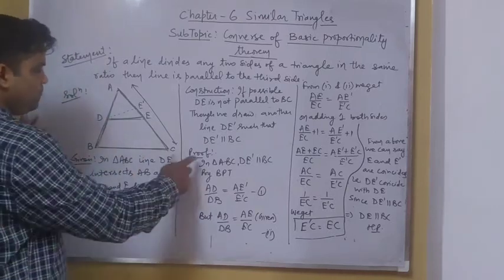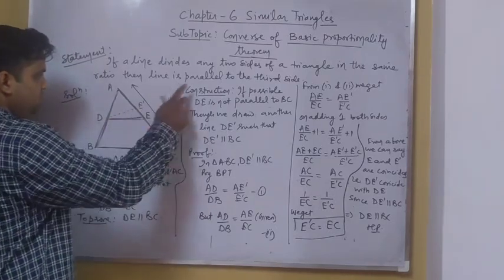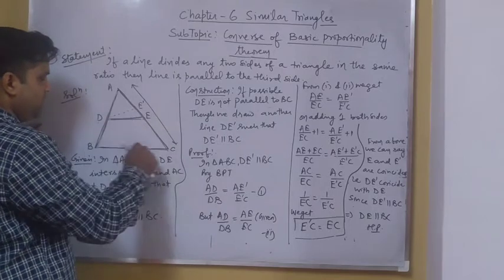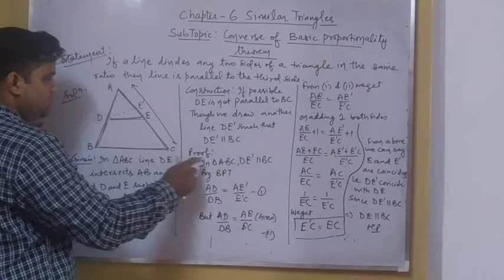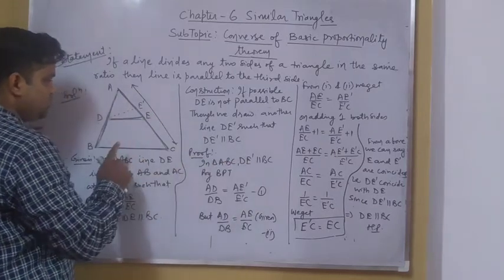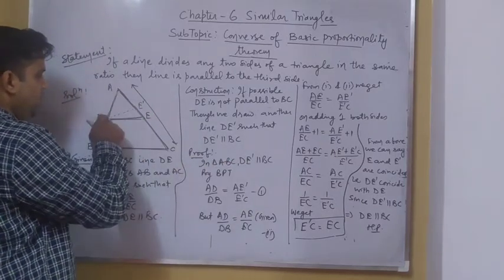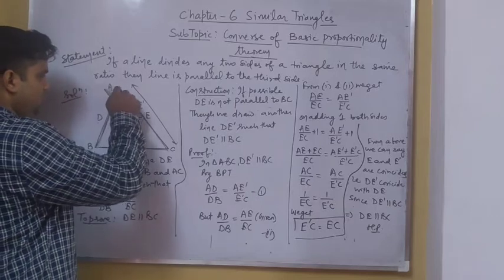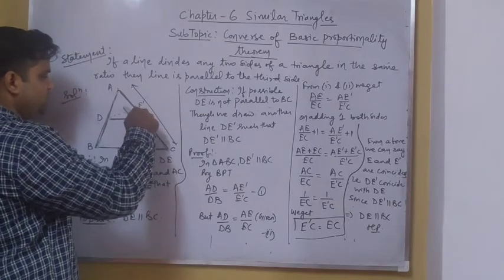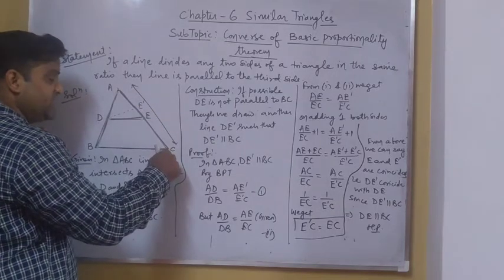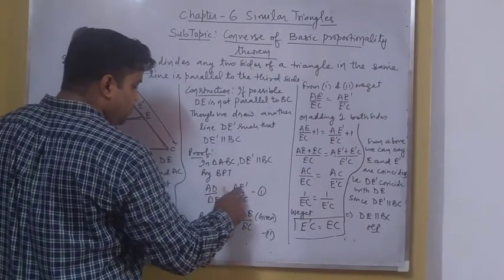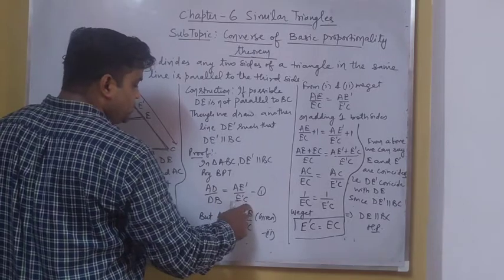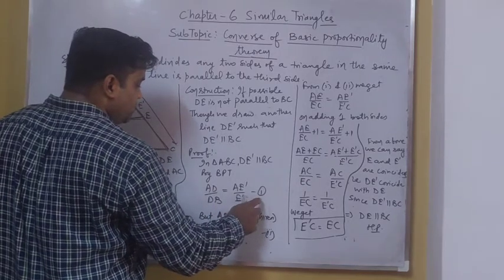So now let us come to the proof. As in the construction, in triangle ABC, DE dash is parallel to BC. So by the basic proportionality theorem, we can say AD upon DB is equal to AE dash upon E dash C, and we consider it as equation number one.